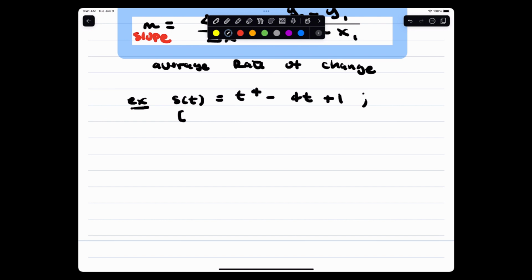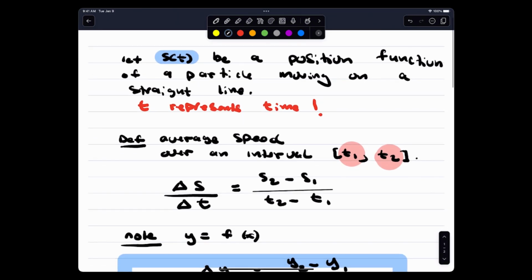Let's say the time interval is from 1 to 4. What this means here, generally speaking, for any position function, is that your time is greater than or equal to 0. S of t.